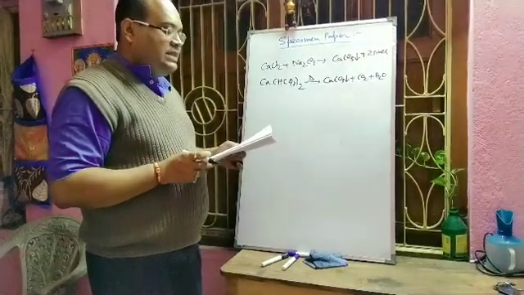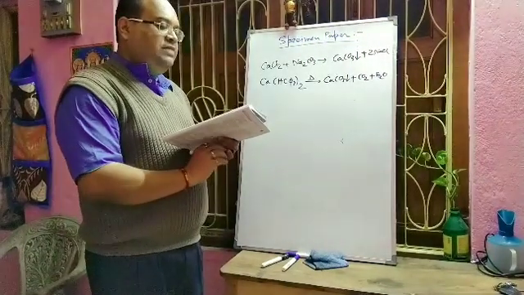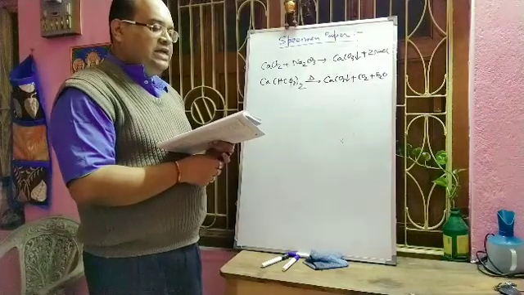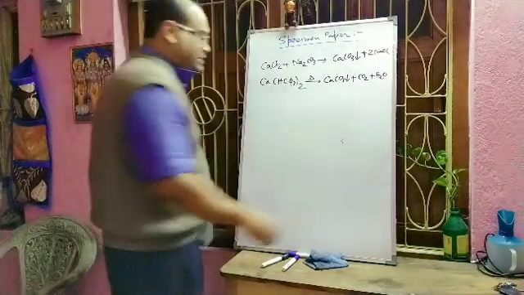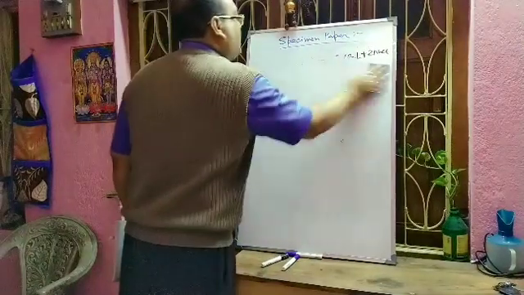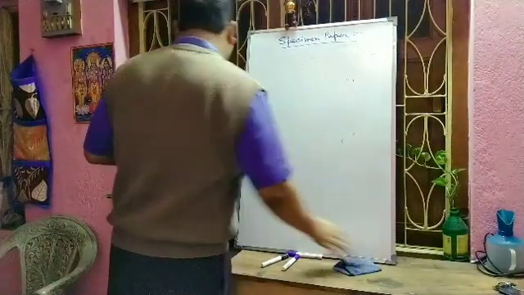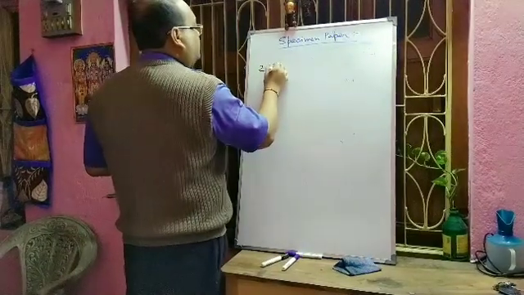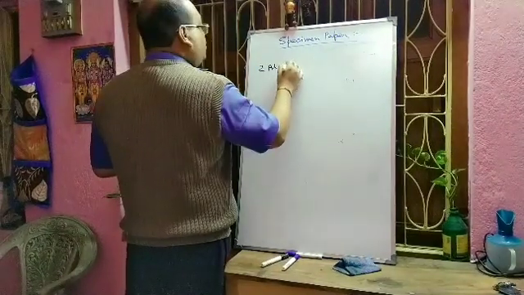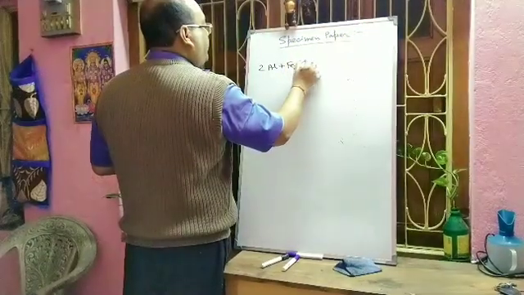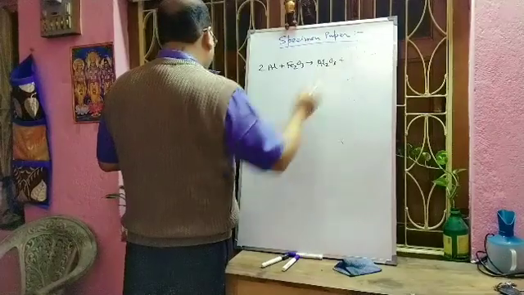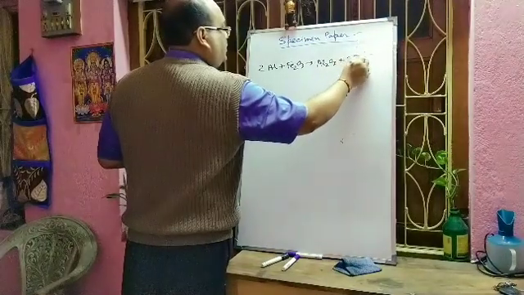Next question is given: classify each of the following reactions as combination, decomposition, displacement, or double displacement. First, I am writing 2Al plus Fe2O3 forming Al2O3 plus 2Fe.